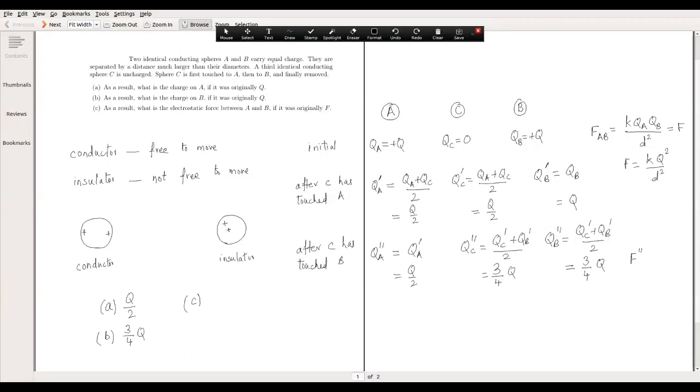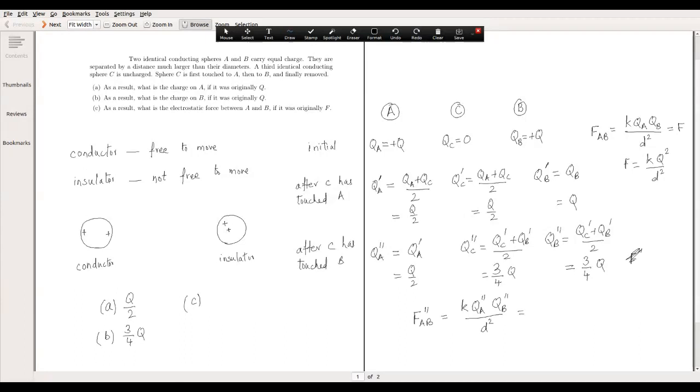So let me do that here. F double prime of AB is equal to K times QA double prime times QB double prime. The distance remains the same, so it's distance squared.